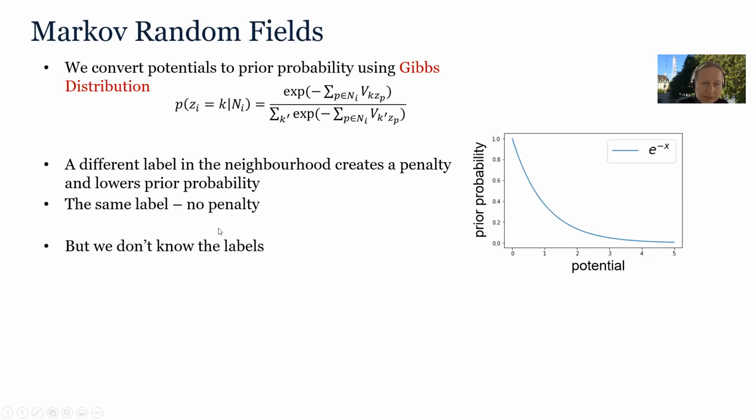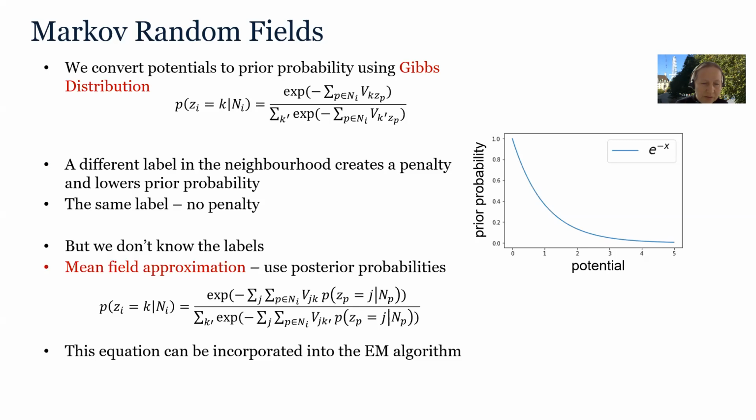But the problem with this is that we don't know the labels in the neighborhood. We try to estimate them at the same time as the label of the central voxel or pixel. So we'll need to find a way to deal with it. One of the solutions is called mean field approximation. That just means that we will use posterior probabilities that we have estimated so far rather than labels.